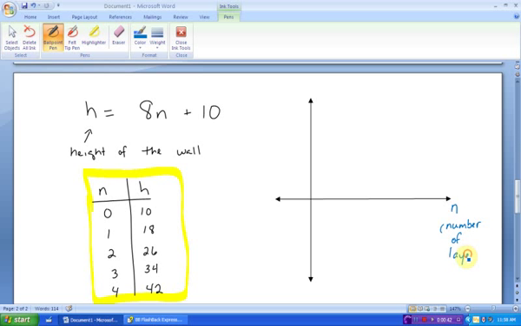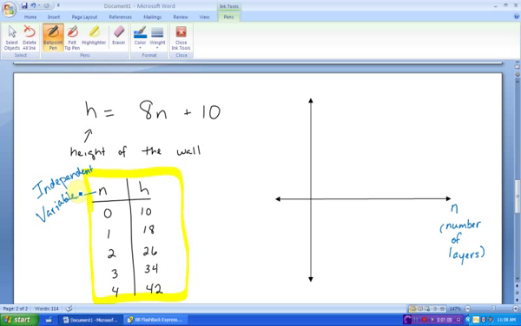It's also called the independent variable. The first variable is called the independent. Because which makes more sense? That the height of the wall depends on the number of layers of bricks you have, or the number of layers of bricks you have depends on the height of the wall? Okay?